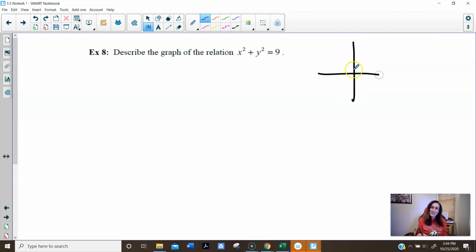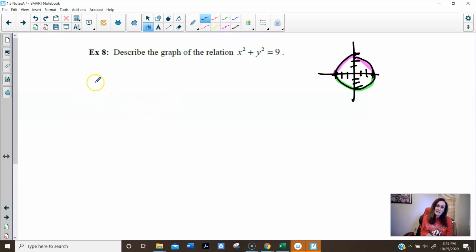And it's a circle that has a radius of 3 and whose center is at 0, 0. So if I were to graph this, we get this circle. And what I'm going to do is break it up into two pieces that are functions. And so we're going to get a piece of the circle here, and then a piece of the circle there. And both of those would pass the vertical line test, being functions.